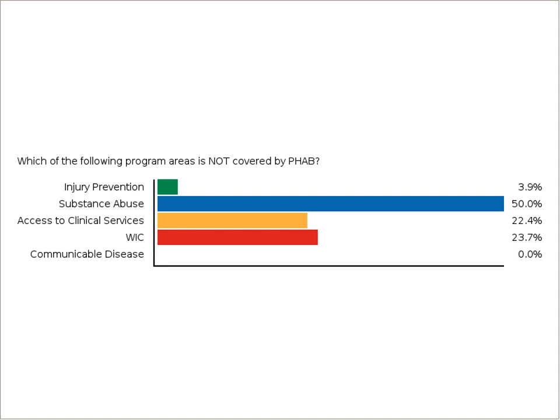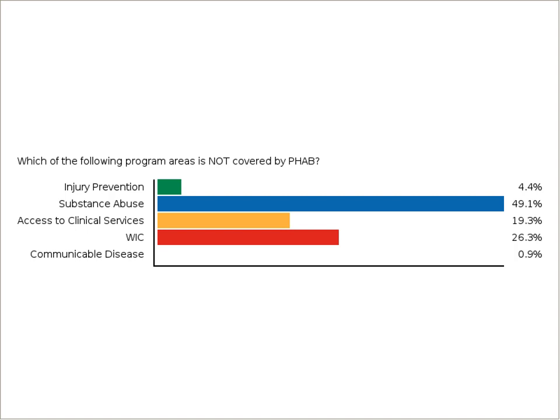Okay, I'm going to rush you guys through this one just to make sure we get through these. It looks like for the most part, everybody, you've selected the right one. Substance abuse is the area that is not considered a program covered by PHAB.